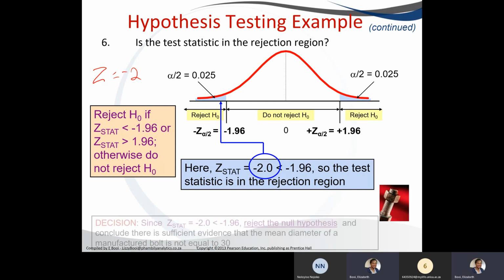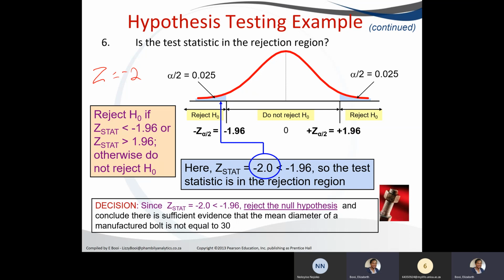Therefore, we reject the null hypothesis and conclude that there is sufficient evidence that the true mean diameter of the manufactured bolt is not equal to 30. And that's how you make a decision.